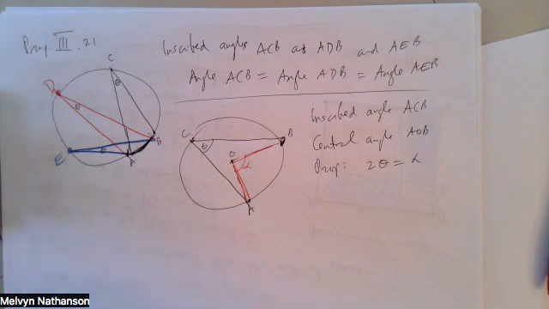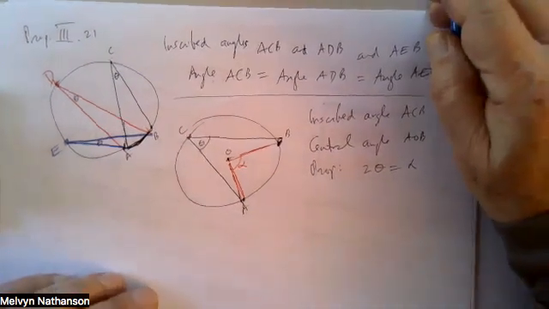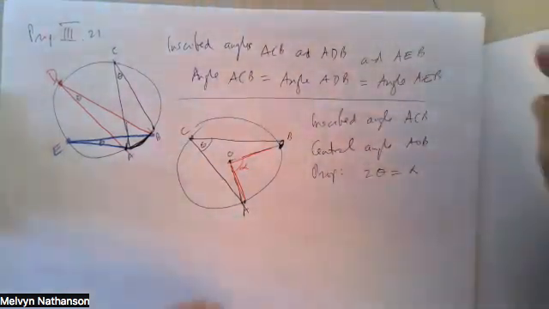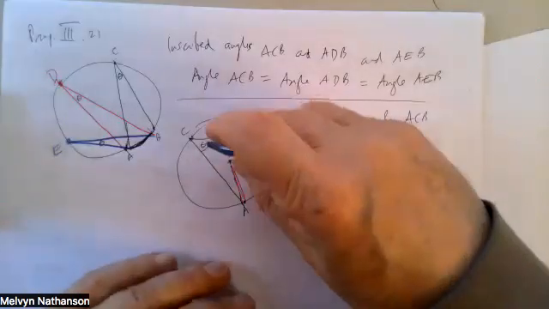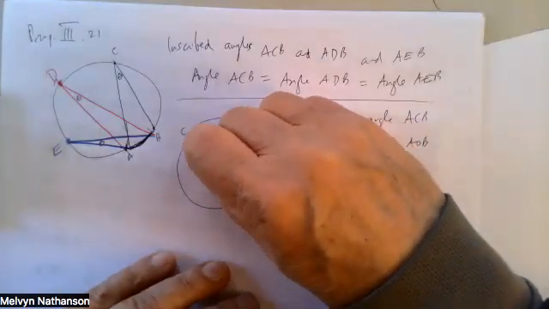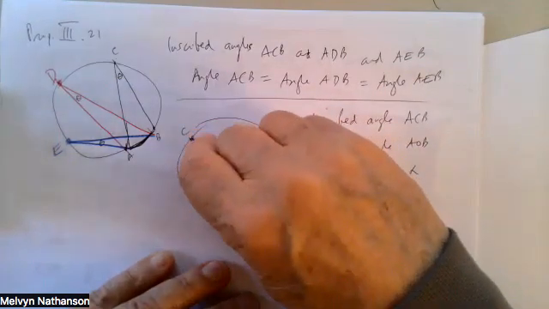And how can we prove that? Let's see. So one way to prove this is to do what is often done in geometry. You have to think of some clever auxiliary line to draw. So suppose I draw the line, the diameter that goes from C through the center.